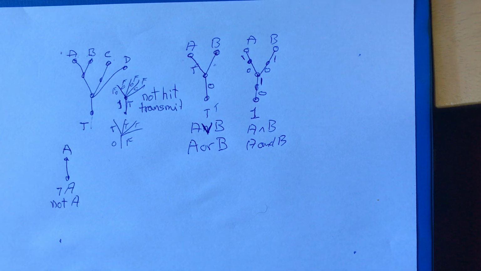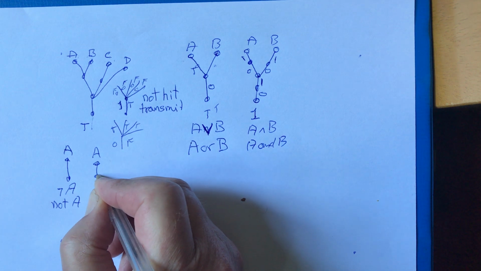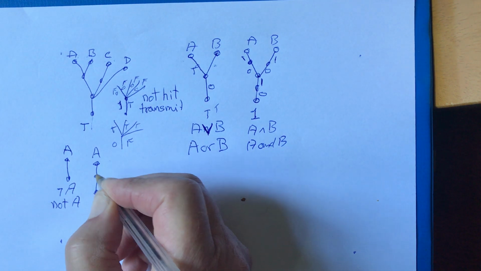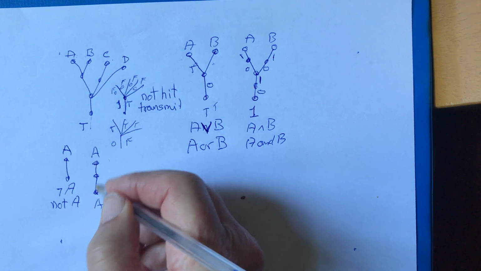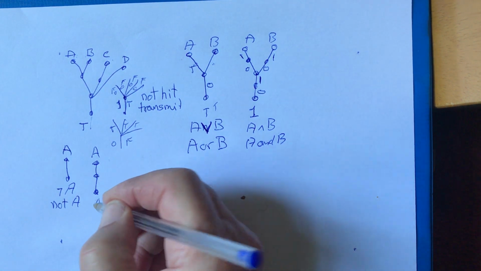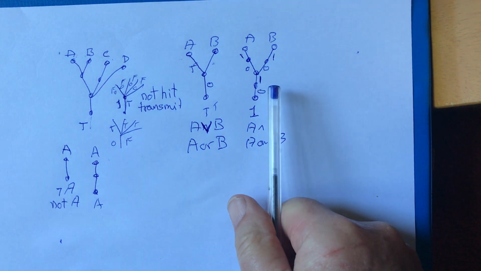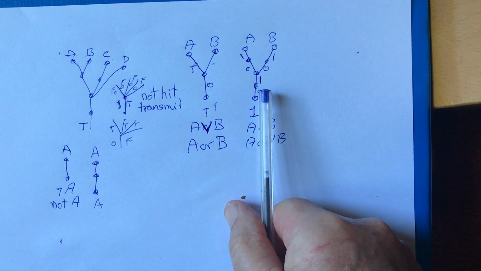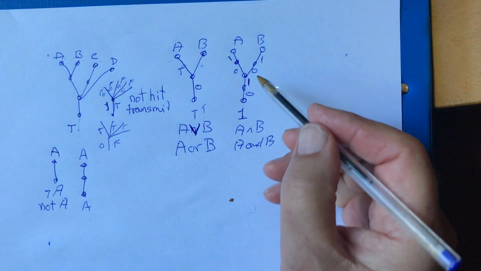Now, if we put not A, we'd have A back again, wouldn't we? So if we had A, and not A, then that's just A back again. So we could sort of collapse that and we just get A. So if we go back to the A and B over here, then we see what comes out of this.